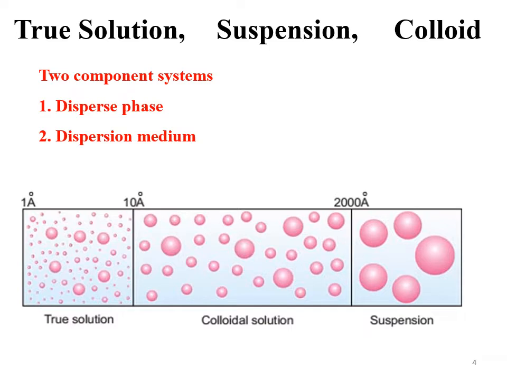So it means our major focus was on colloid. So colloid is a two component system where one of these components is named as disperse phase and the other component is named as dispersion medium.